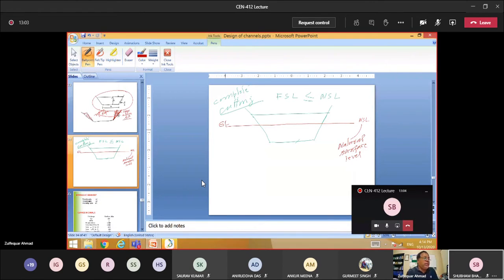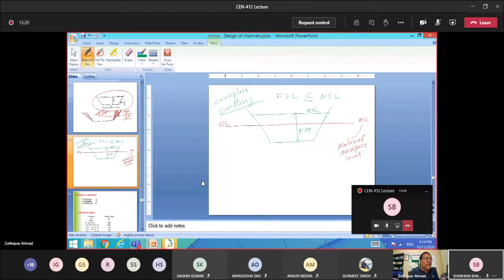So now you can see here a section of the canal. In this section, this is the full supply depth, the FSD, and the full supply level is this.